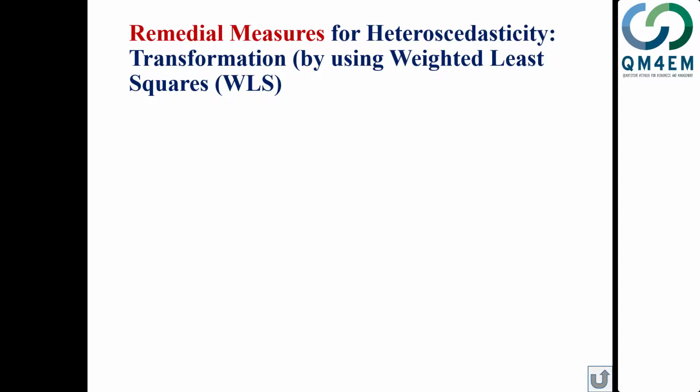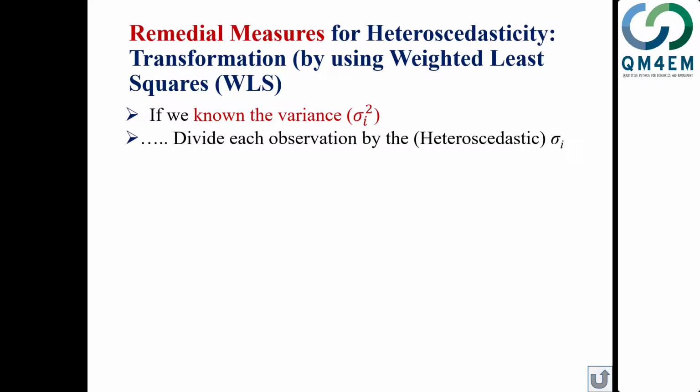The weighted least square method is a procedure that we can apply when the heteroscedastic variance is known. Then we can apply it to solve the problem of heteroscedasticity and ensure the BLUE estimator from our estimation procedure. The procedure is very simple as far as understanding is concerned.